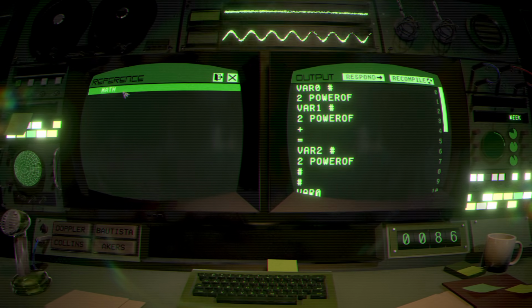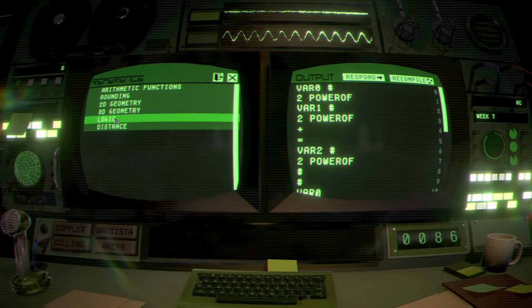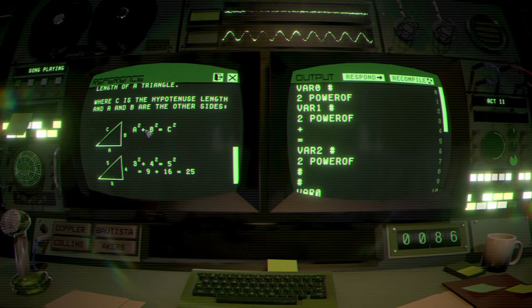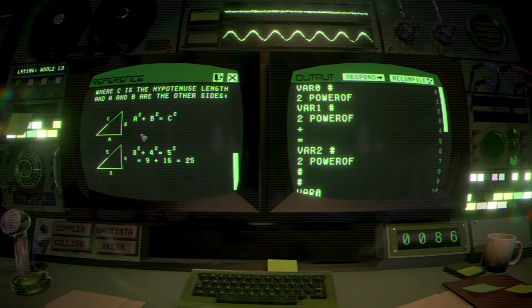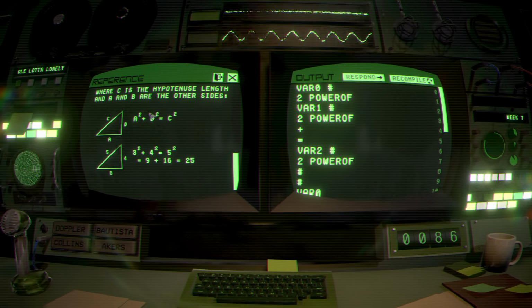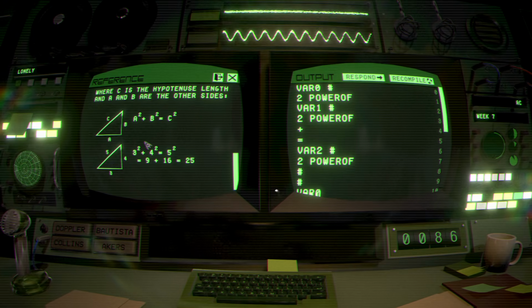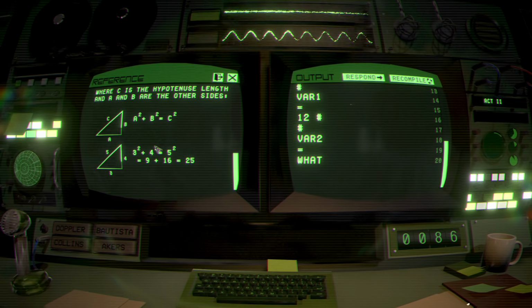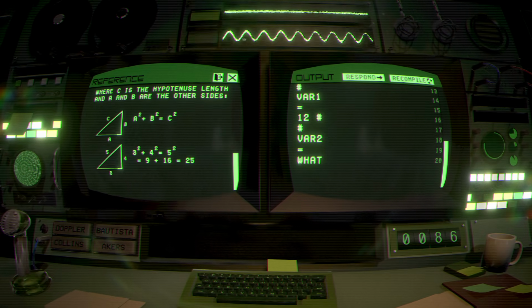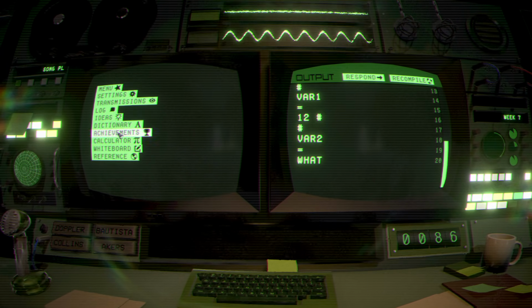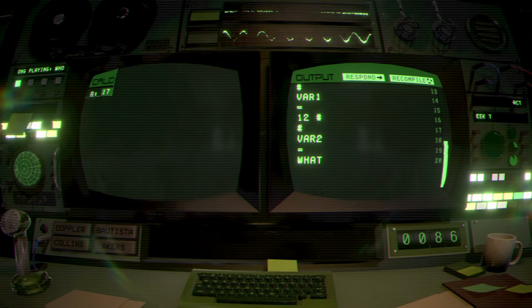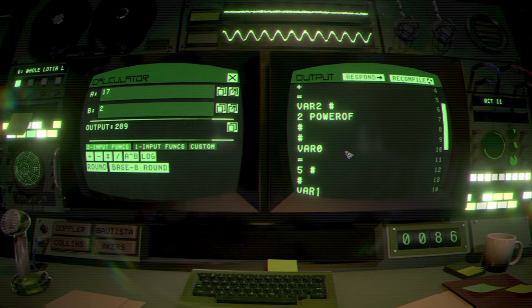Okay, so I think I'm overthinking this. Go back over here. Distance. A squared plus B squared equals. You can't just cross them out. I'm so stupid. Cross out the exponents. Of course. All right, so let's go back here.